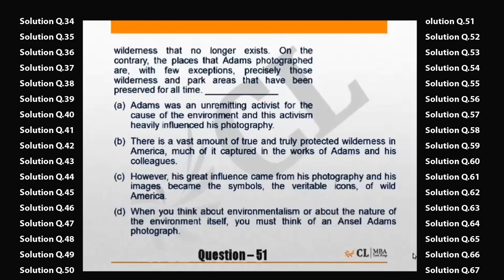Option C, don't you think that it goes off track and talks of Adams' influence? Similarly, option D is incorrect too, since it shifts the focus from wilderness to environmentalism and its association with Adams' photography.